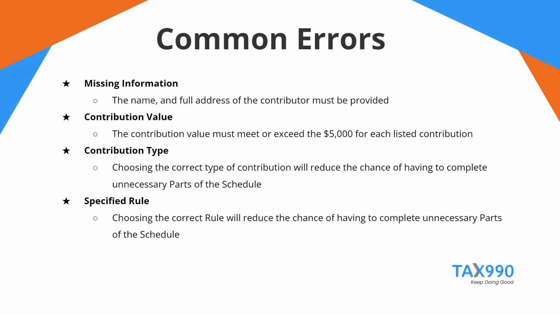But as with most other things, if you indicate the incorrect rule, it could lead to you completing parts of the schedule or additional schedules that may not be required by your organization. So you do want to confirm which rule and which contribution type you should provide on the form, just to make sure you're not doing unnecessary amounts of work.